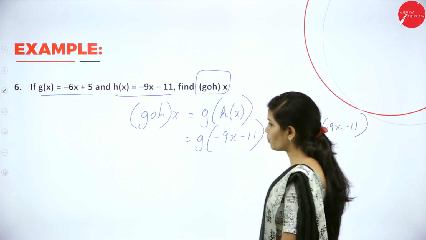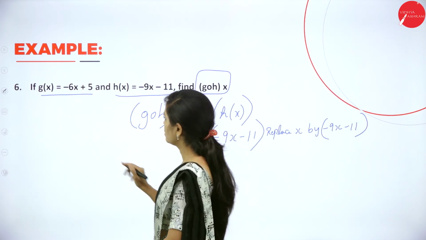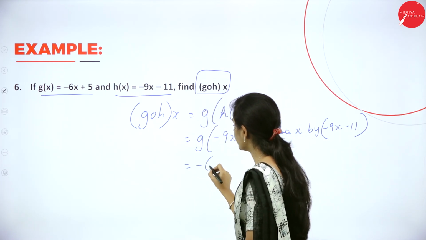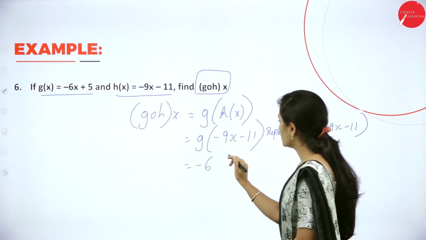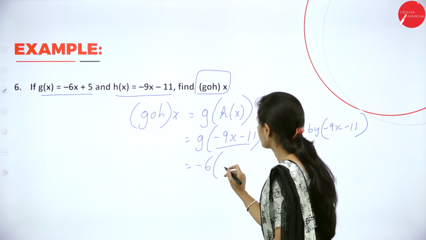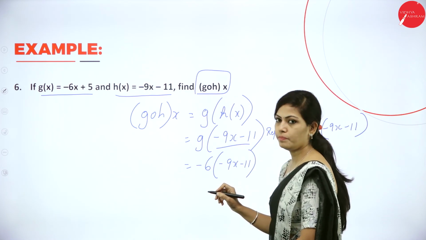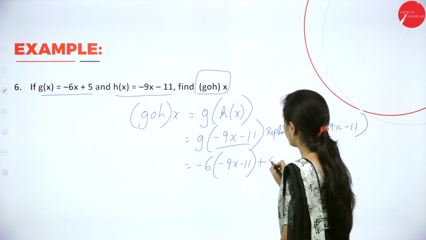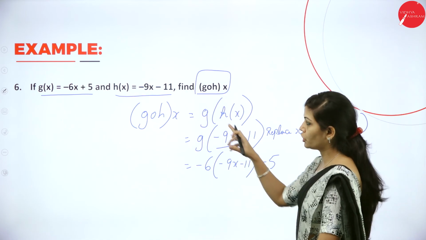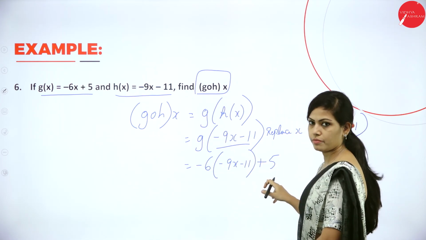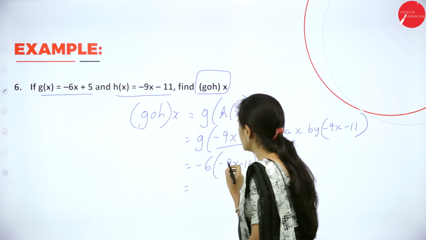Substitute this x value into the equation called g of x. So now g of x is −6 times x, and the x value is (−9x − 11), plus 5. Now this is in the form of g of x. Simplify this.